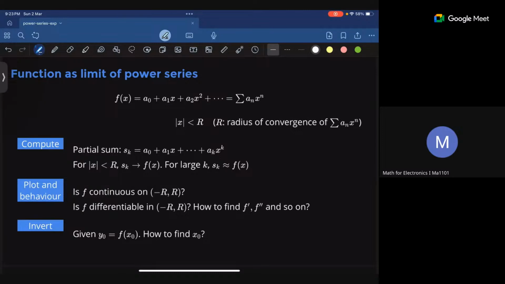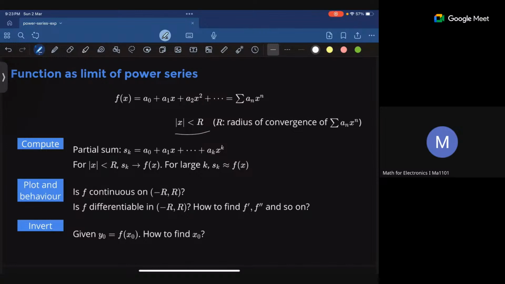So this is the power series we have, summation a_n x^n, and if we can compute the radius of convergence, we can say that this particular power series will converge when mod x is less than R, right? And we can compute the partial sums.